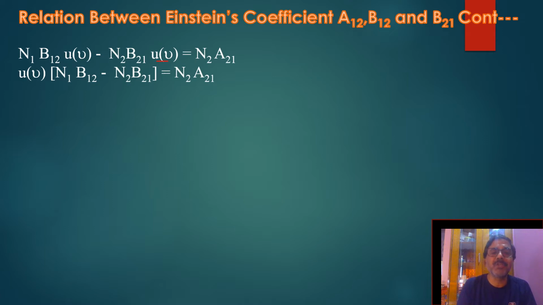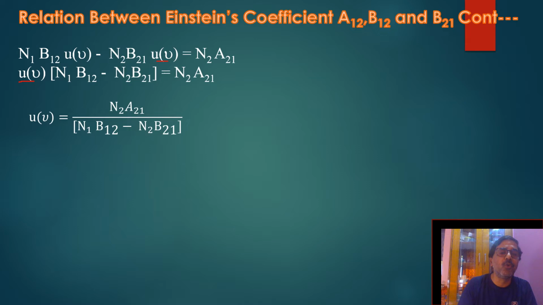We rearrange the previous equation and take U nu common. So U nu can be given as N2 A21 upon N1 B12 minus N2 B21. This is the value of U nu, right?